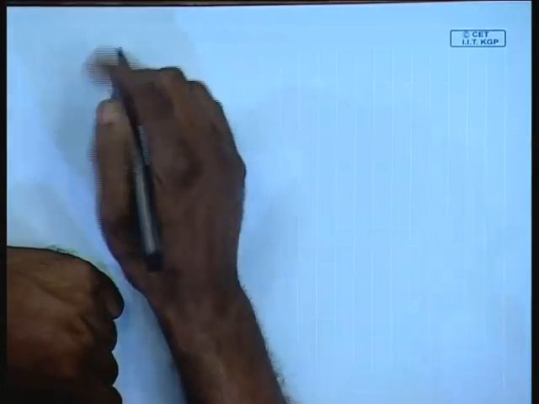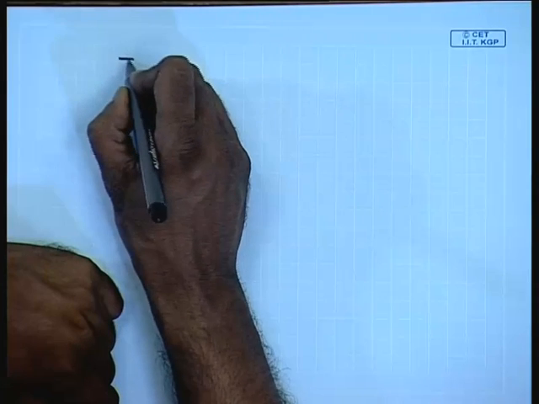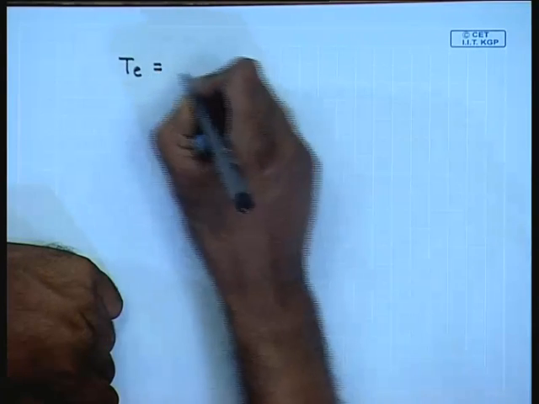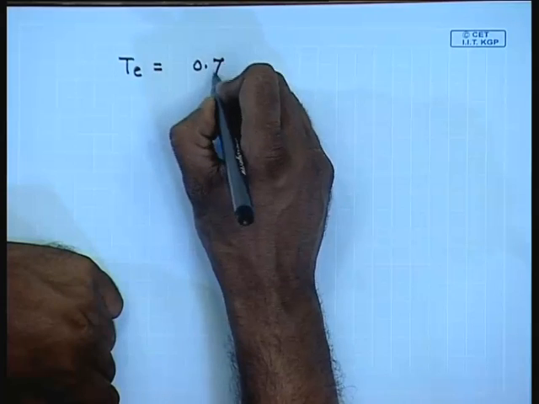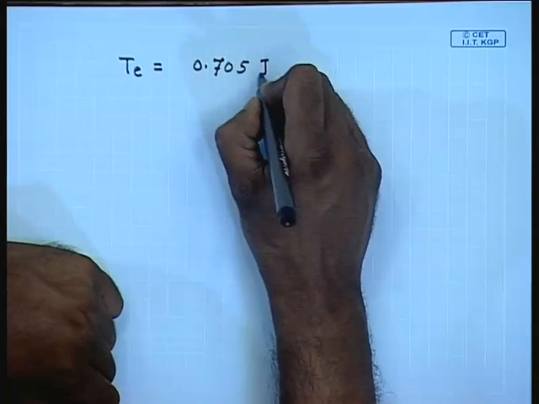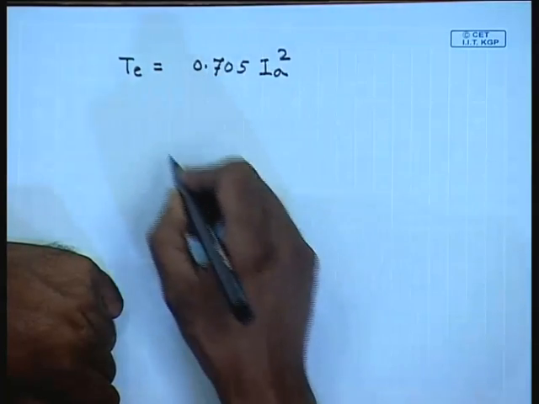Then torque is 0.705 Ia square, substituting from the previous equation.